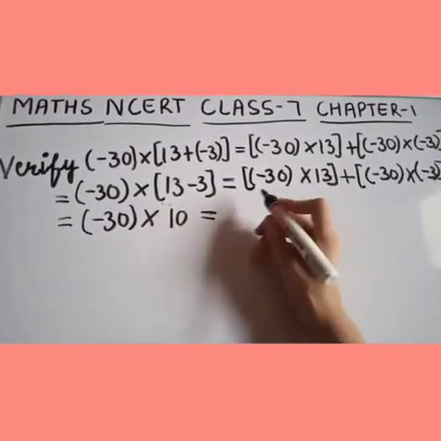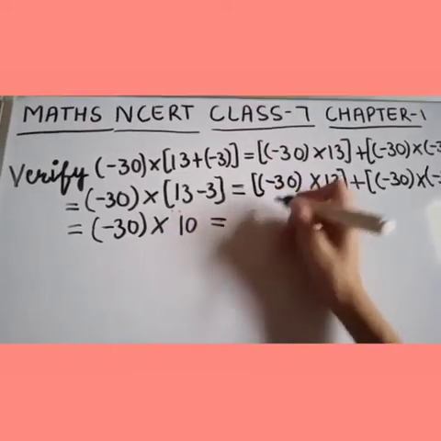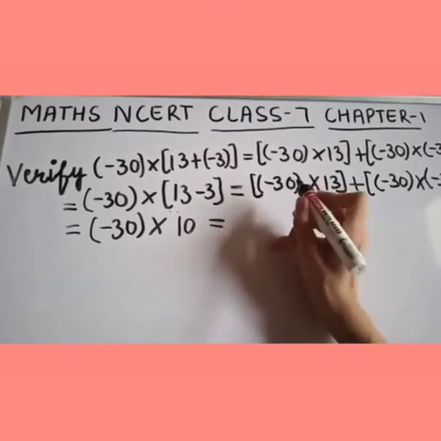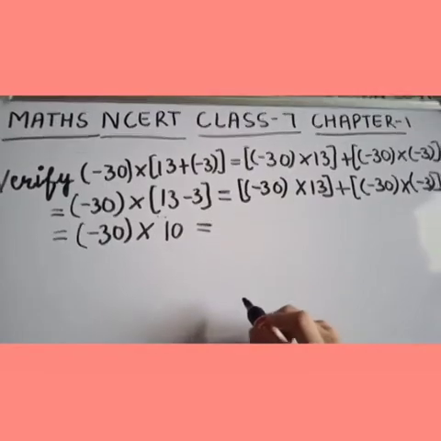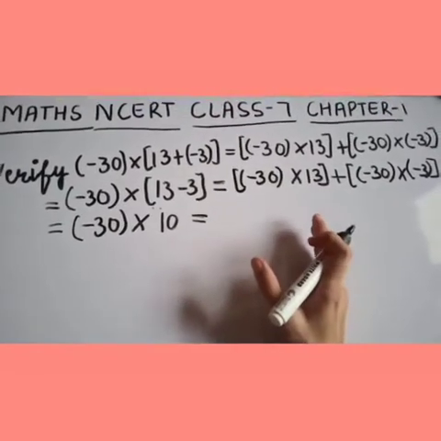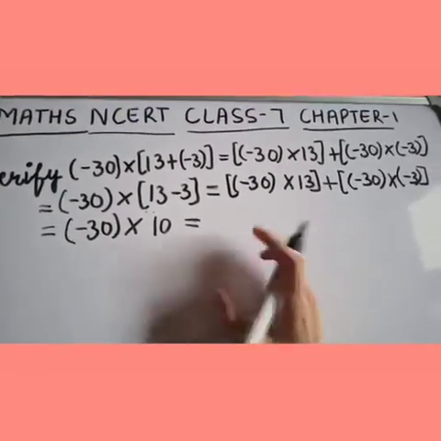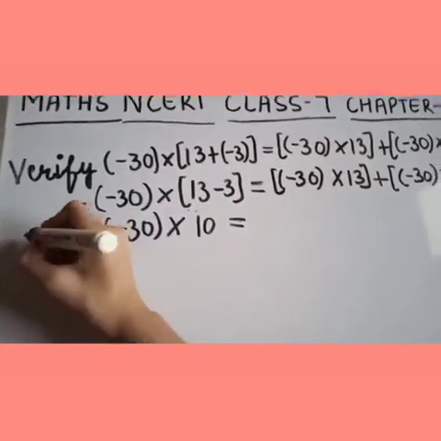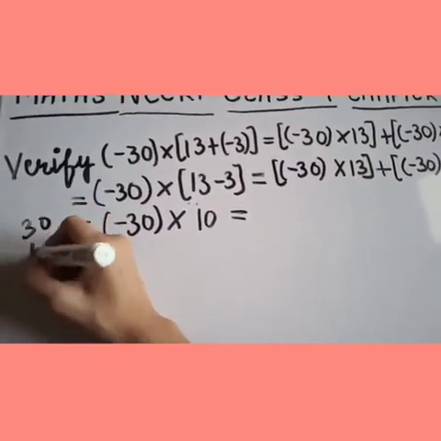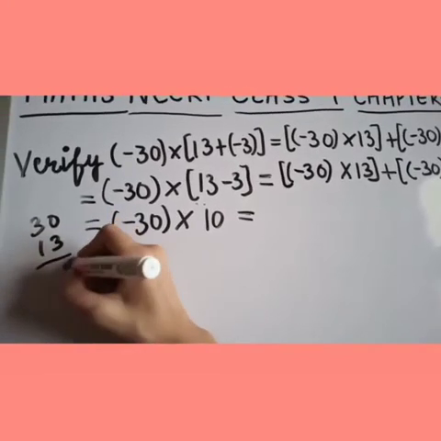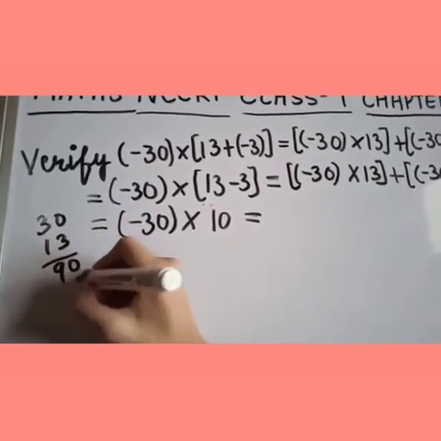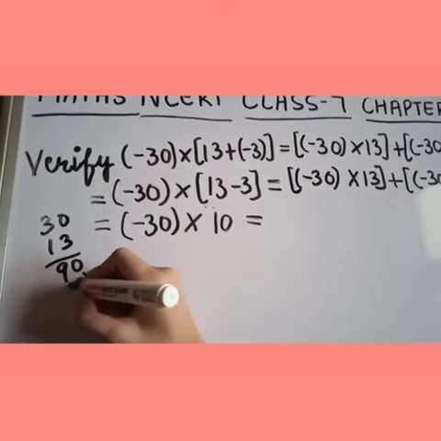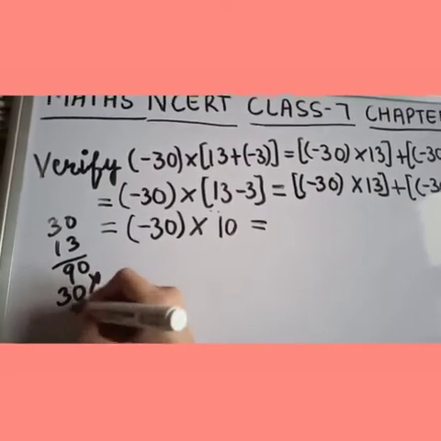Now let's solve this. Minus 30 into 13. First of all, ignore the signs and focus on the numbers. So 30 into 13 is: 3 zeros are 0, 3 threes are 9, then 1 zeros are 0, 3 ones are 3.